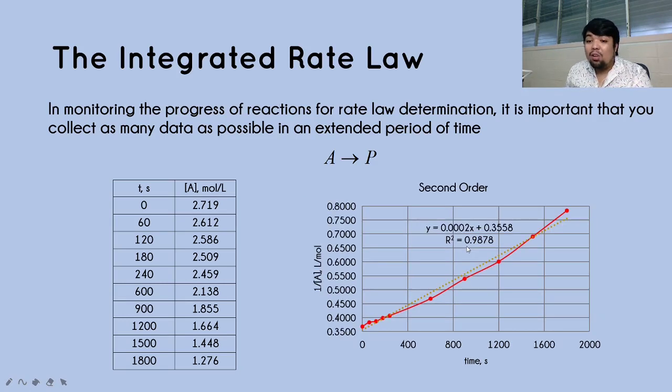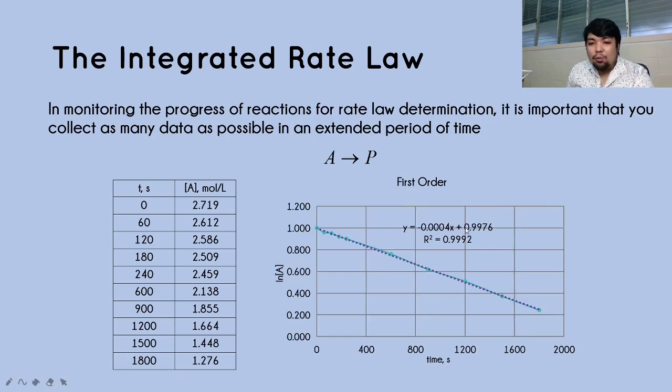Compare this with a second order reaction, which is not that linear. Even if you do not get the r squared, if you just look at the trend line versus the graph itself, this is quite far from a linear value compared to a first order reaction. Thus, this reaction here is a first order reaction.